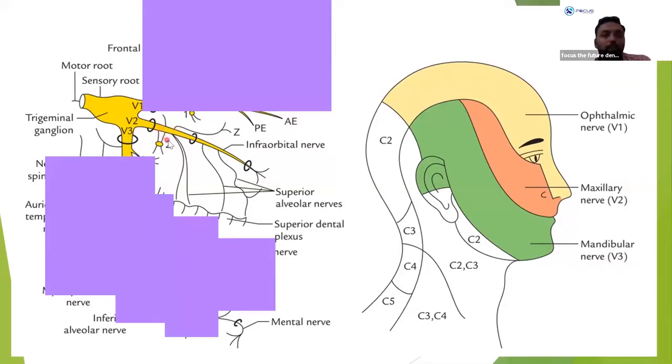It is going to supply some ganglion nearby. It is going to further divide into alveolar nerves. The posterior superior alveolar is there, anterior superior and middle superior alveolar is there. Then it enters the infraorbital canal. It comes out through the infraorbital foramen as the infraorbital nerve, which is going to supply the lateral aspect of the nose, upper lip, and upper teeth. Okay, that is all regarding the maxillary division.